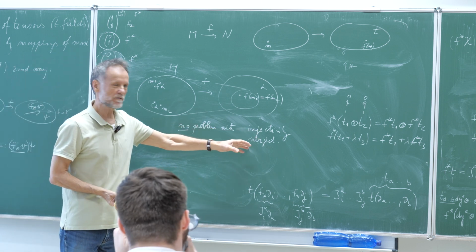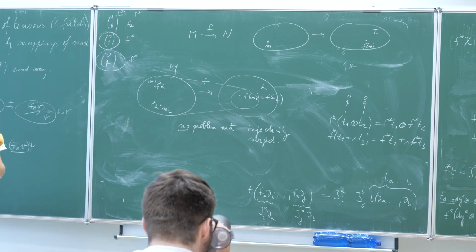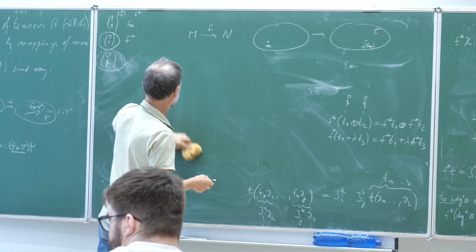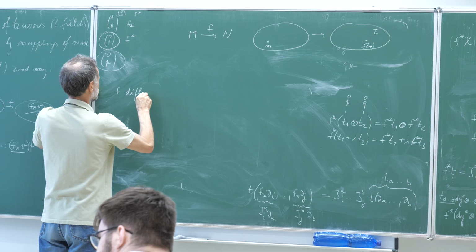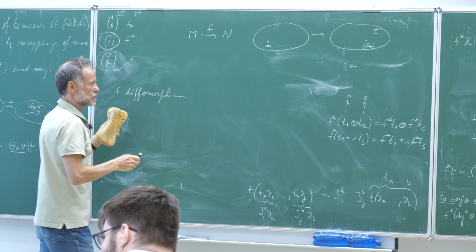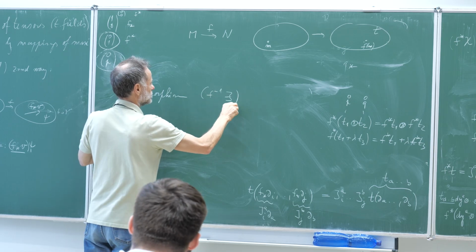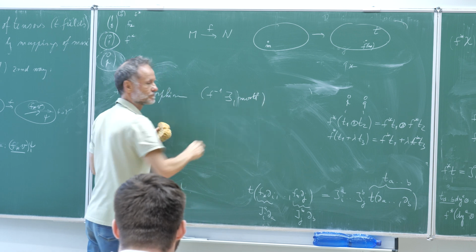That it is surjective and injective, and of course smooth. So what is it? Altogether, it is a diffeomorphism. So, there exists a smooth inverse. Yes?